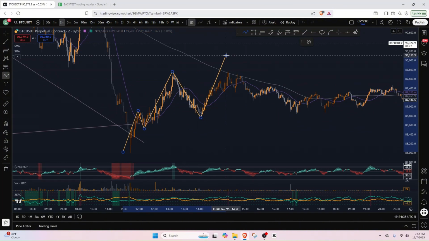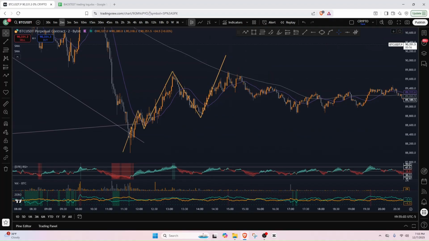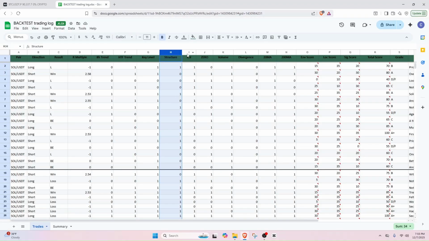And so I would continue to get up here. So in an uptrend, I have higher highs, higher low, higher high, higher low, and I would expect it to make another higher high. And so where I would take a trade for a long to get up to this level, possibly. Not to say that would be an actual trade, but I want to be in the direction of structure. And so if structure is not on my side, then I don't get that column.